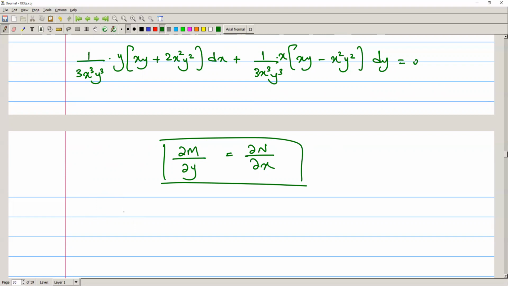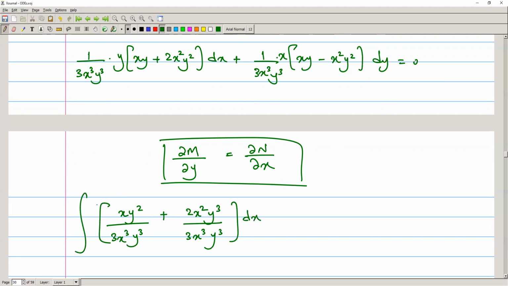Then we can simply write it this way: the integral of (xy squared over 3x cubed y cubed plus 2x squared y cubed over 3x cubed y cubed) dx, integrated with respect to x, keeping y as constant.